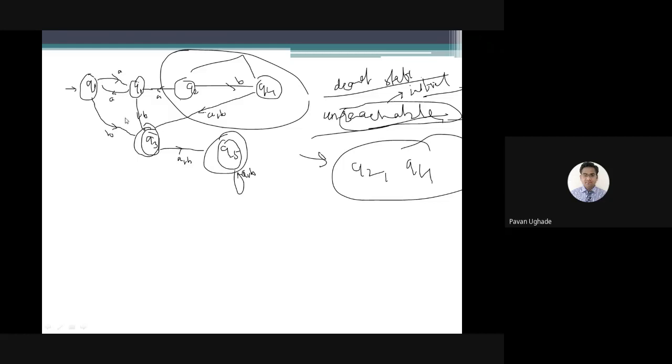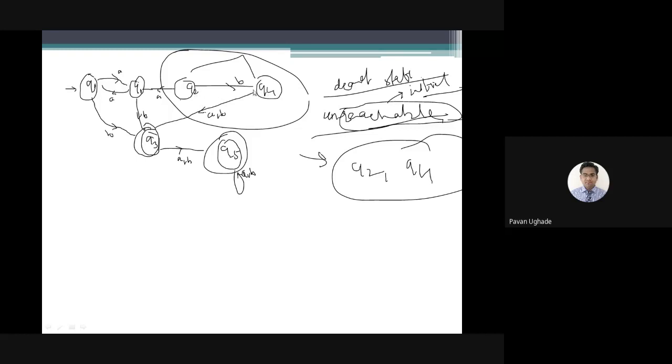So is there any path from the state q0 to q2 or q4? See, here the direction of the paths is very important. It is outgoing. Is there any inward path which is reaching q2 or q4? Certainly not. In that case, they are considered unreachable states, and they will not take part in reaching the final state, because we are not able to reach q2 and q4 at all.